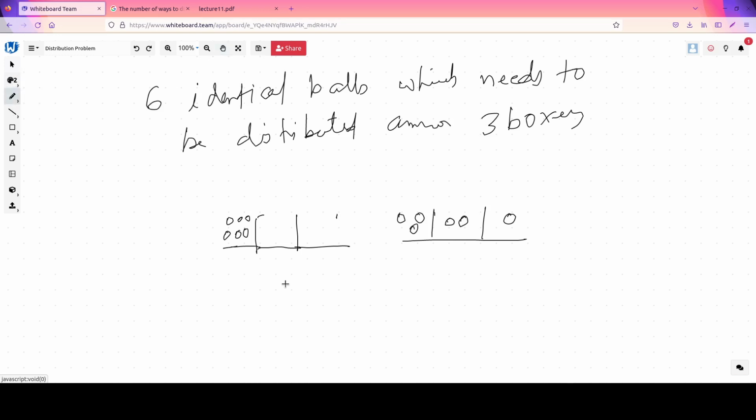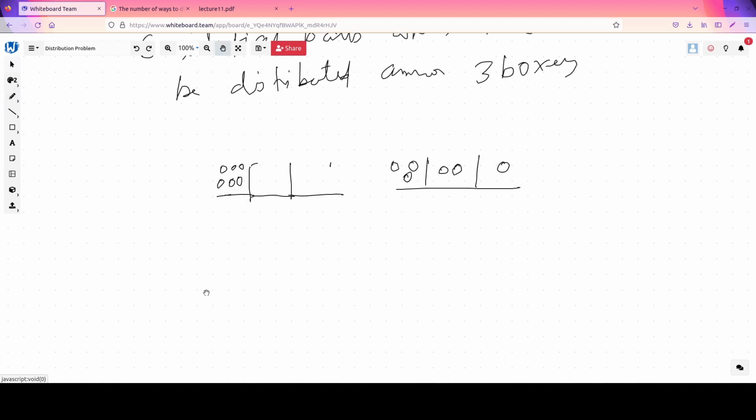So now how are we going to compute this distribution problem, right? If you look at it, there is a bijection. So we'll use the bijection here. So here we can say the bars, right? These are like ones.